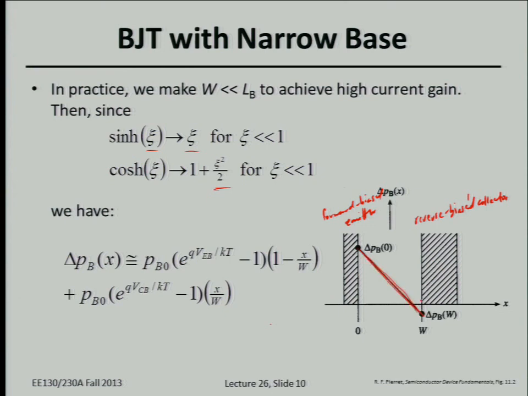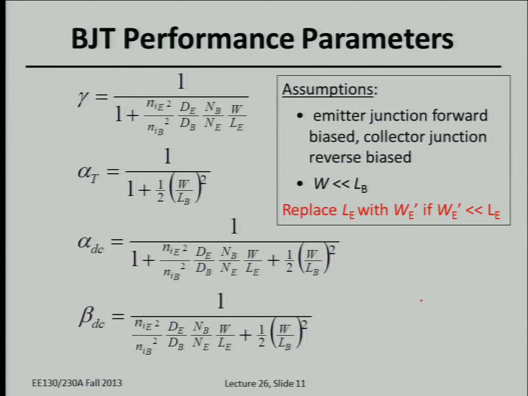It doesn't change. It's not getting steeper as you go with distance, because you're not losing carriers to recombination. So any carrier that is injected into the base at the emitter side is going to be collected into the collector depletion region. So the slope is the same at the edge of the emitter as at the edge of the collector.